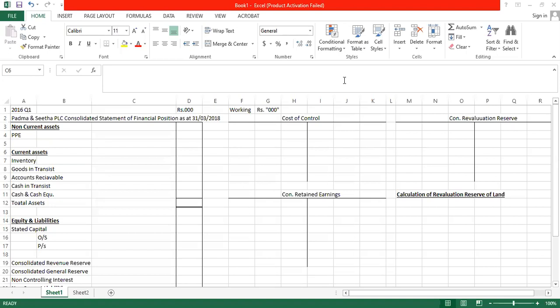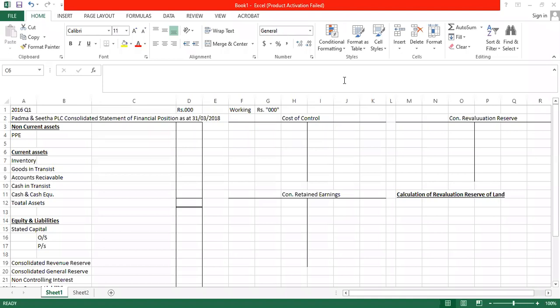Now, the statements of financial position of both companies as at 31st March 2016 are given below. So the acquisition date is 1st April 2015, but the given balance sheets of both companies are as at 31st March 2016.